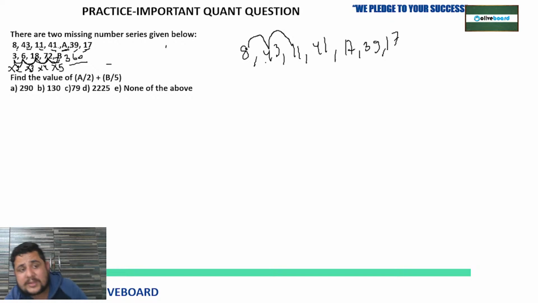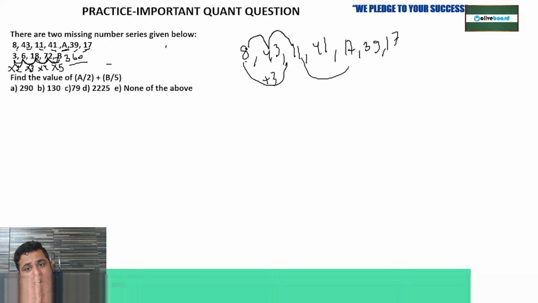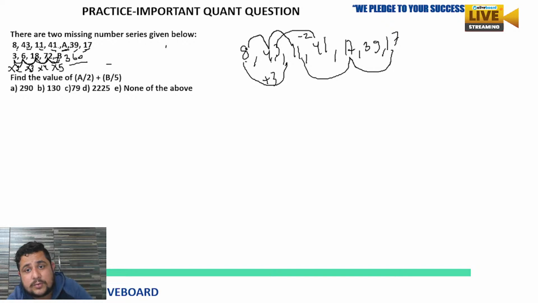One more thing you can keep in your mind is that here the quantity of numbers is more compared to general questions. 1, 2, 3, 4, 5, almost 8 numbers are there. So there might be an alternate pattern, because 8 to 11 is plus 3, 11 to A and A to 17 is missing. Now 43 to 41 is minus 2, 41 to 39 is minus 2.